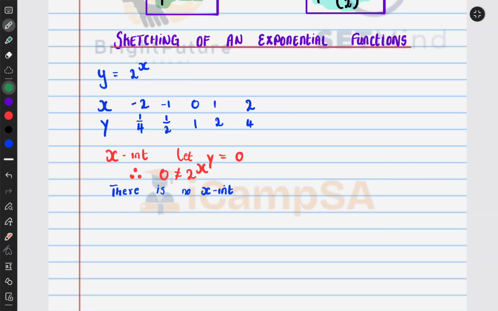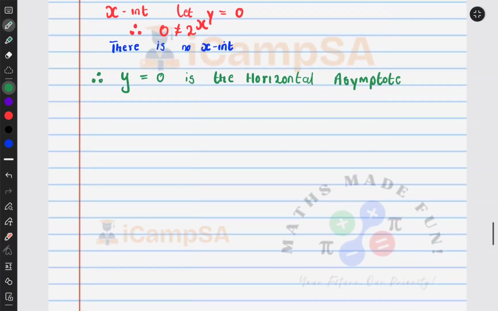So I can just say, therefore, y is equal to 0 is the horizontal asymptote. It's that value that the graph will approach but never touch. Once we have done that, we can now just sketch our function.